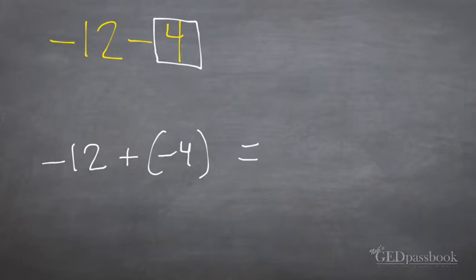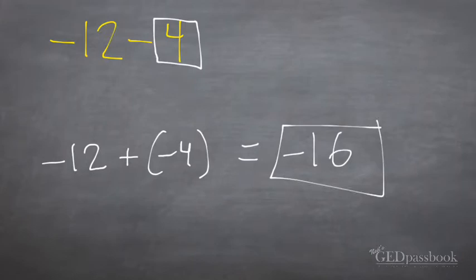What's 12 plus 4? 16. And then you keep the sign that they both have in common, which is the minus, which is negative 16.